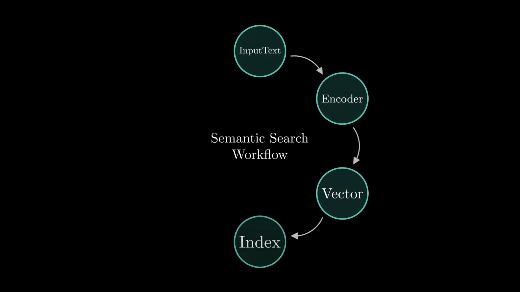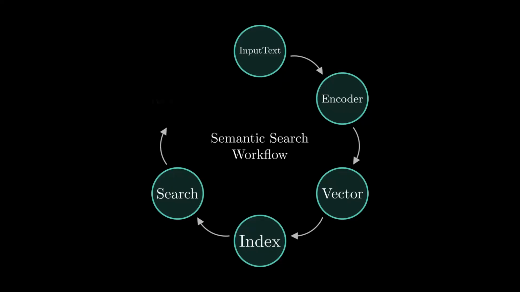This vector is then organized within an index, specifically designed for approximate nearest neighbor search to handle massive datasets efficiently. When a query comes in, the search algorithm calculates cosine similarity to find vectors that are close in the latent space. Finally, the system retrieves the most relevant content as the result, effectively matching meaning rather than just keywords.